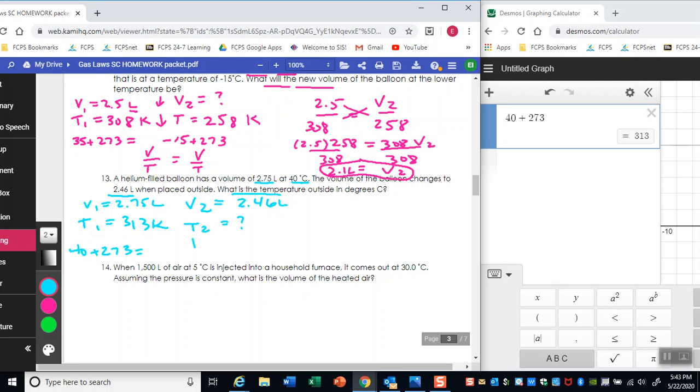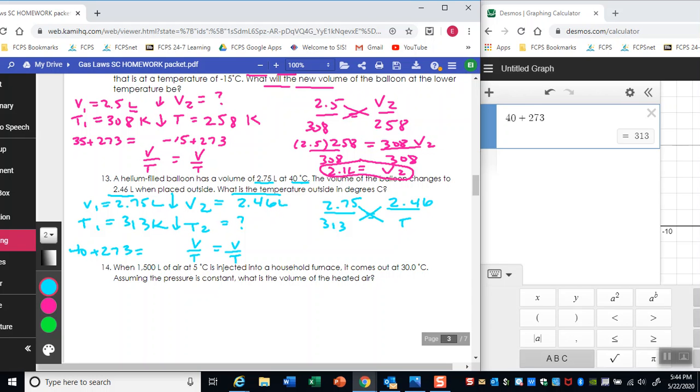So volume and temperature, right? Directly related, Charles's law. So volume 2.75 divided by temperature equals volume 2.46 divided by temperature. So the volume went down from 2.7 to 2.4. Volume goes down, so temperature goes down. They're directly related.